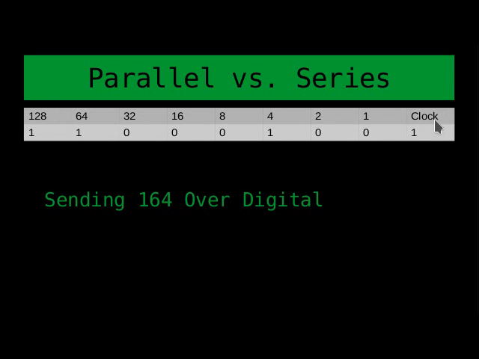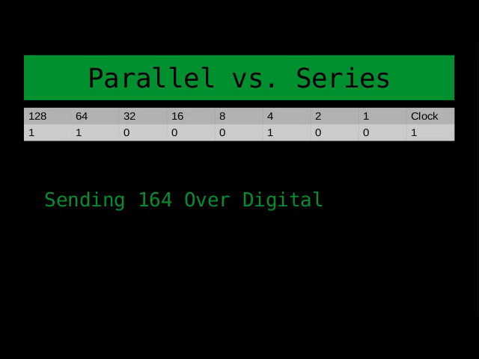So it's going to look on here and it's going to see that the 128 bit is set of what it's trying to send. So it's going to set the 128 bit wire. Well, that's the one wire that it has on series.